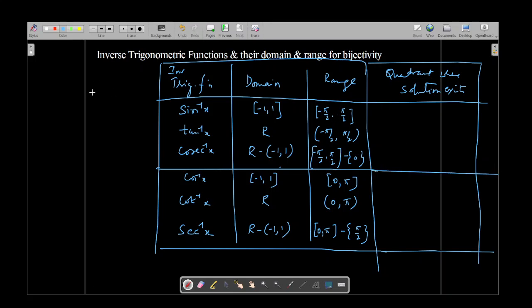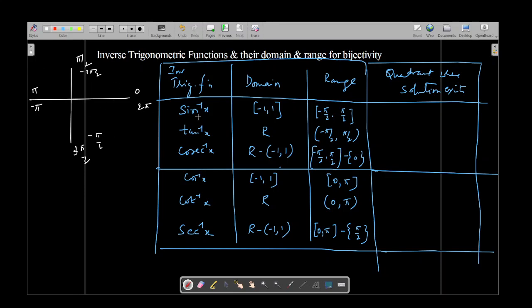This is my 0, this is pi by 2, this is pi, this is 3 pi by 2, this is 2 pi. If I come in the anticlockwise direction, and in the clockwise direction, this will be my minus pi by 2, this is minus pi, this is minus 3 pi by 2, and so on.